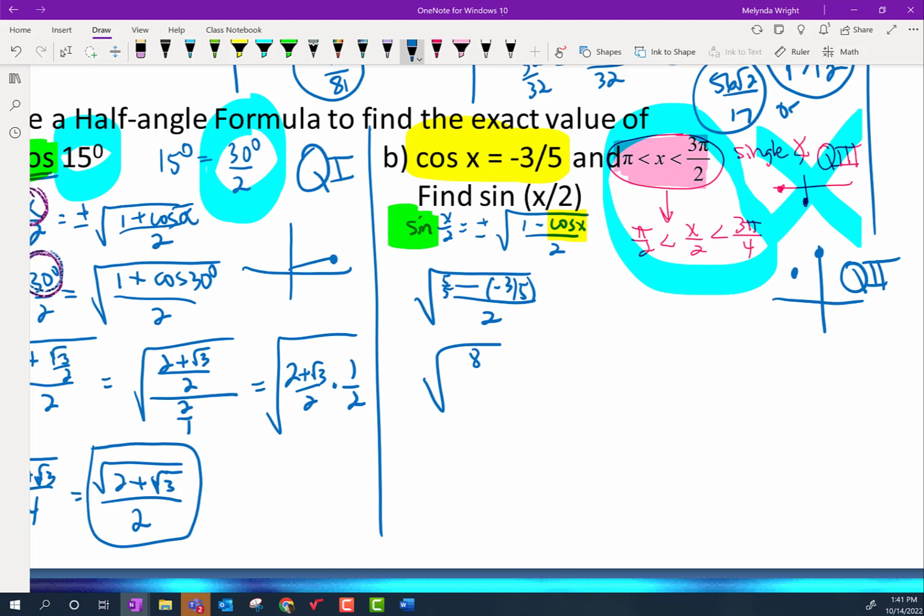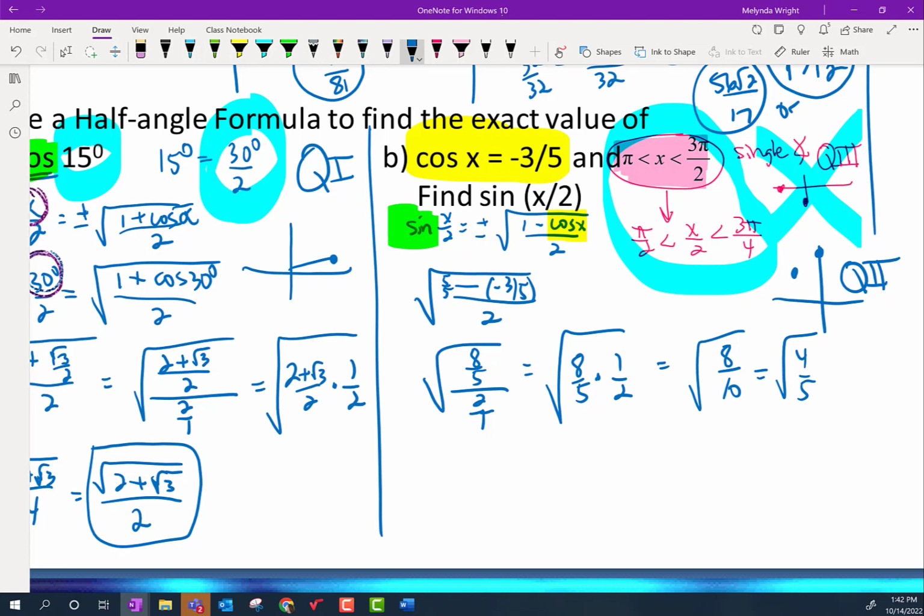That gives me 8 over 5, all over 2 over 1. I'm going to do my keep, change, flip: keep the numerator, change division to multiplication, flip the denominator. That turns out to be 8/10, which is 4/5.